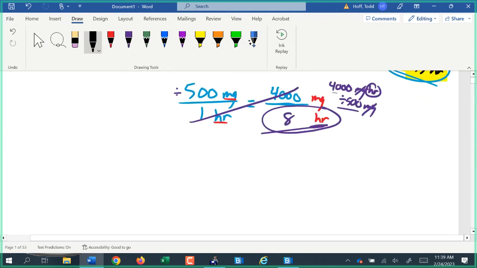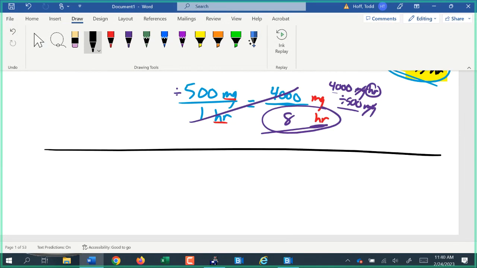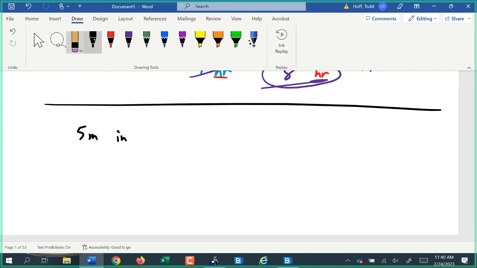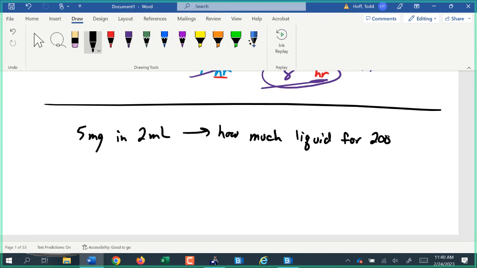And we looked at ratios within our proportions as well. If we have a medication that we have to mix, 5 milligrams in 2 milliliters of liquid, and we want to know how much liquid for 200 milligrams of serum, of medication.